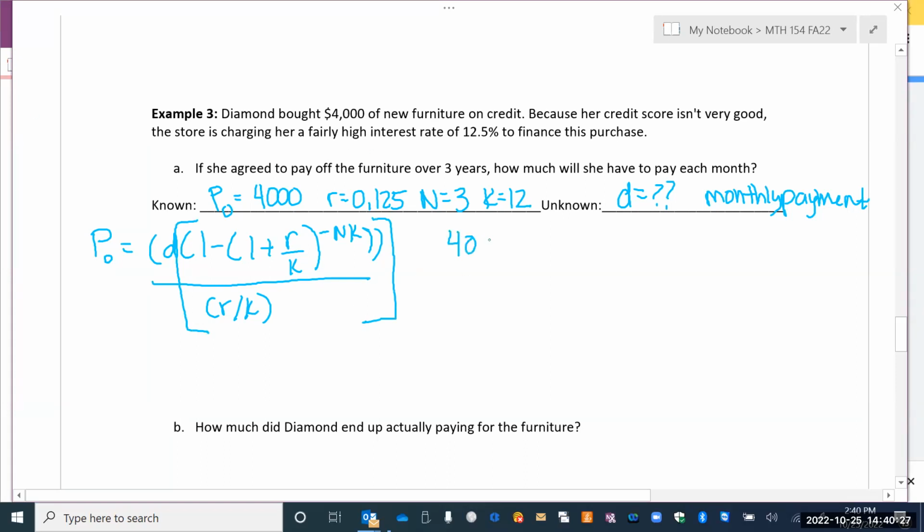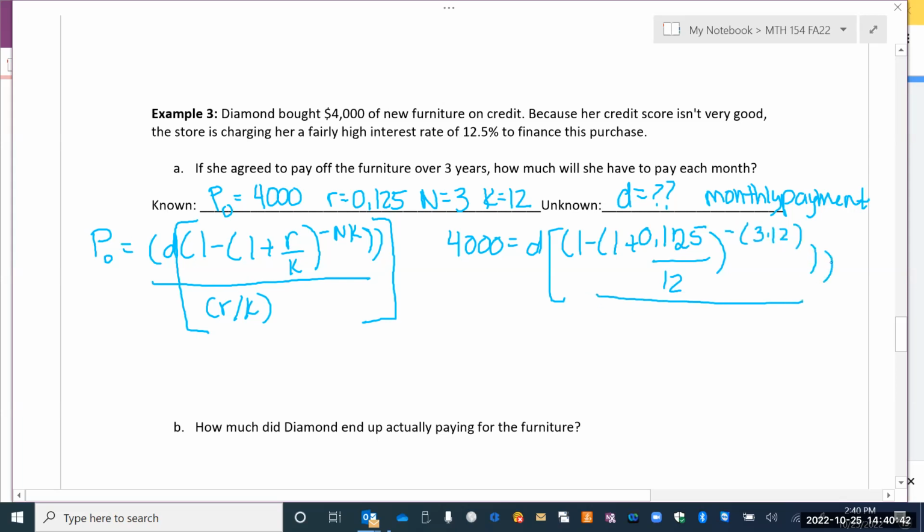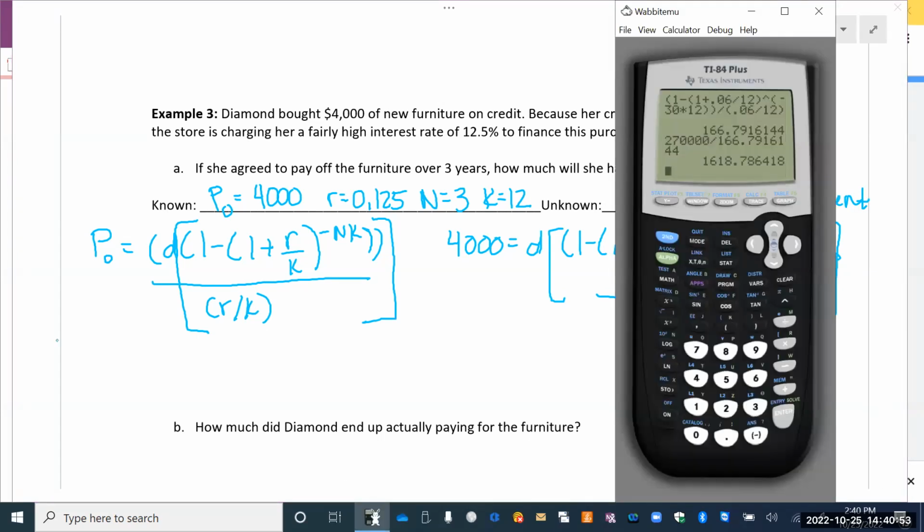So I'm going to do 4,000 equals D times 1 minus 1 plus. Once I get that, I'm going to divide it into 4,000. So let's get that number in our calculator. Hopefully you're doing it with me.